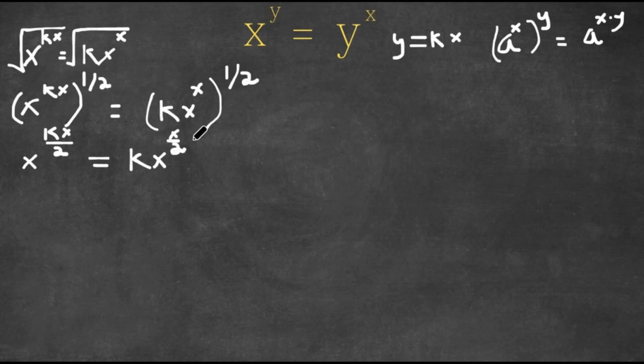Now what I'm going to do is I'm going to take the power of 2 over x on both sides. And that means that we multiply 2 over x to both exponents.